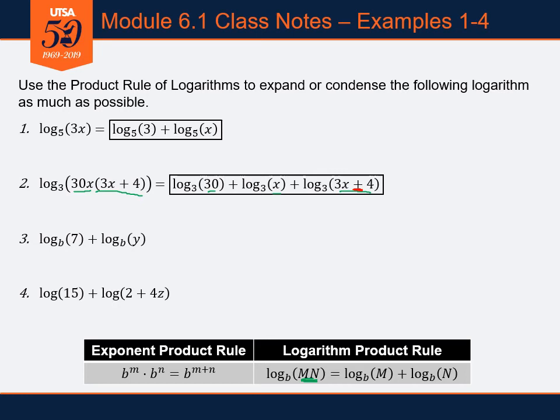And we call that, up in the instructions here, condensing logarithms. So we're going to condense these two logarithms, log base b of 7 plus log base b of y, into a single logarithm, because if I read the product rule for logarithms at the bottom of the screen here, I can write a sum of two logarithms as one logarithm of a product. Log base b of 7 plus log base b of y is equal to log base b of 7 times y. I'm reading that logarithm product rule from right to left, which is fine.